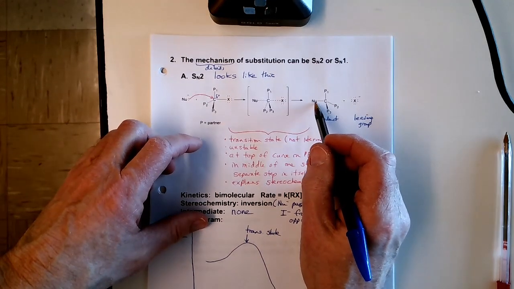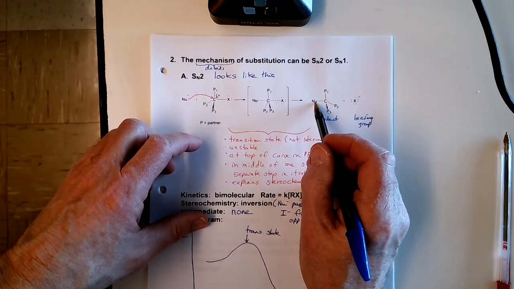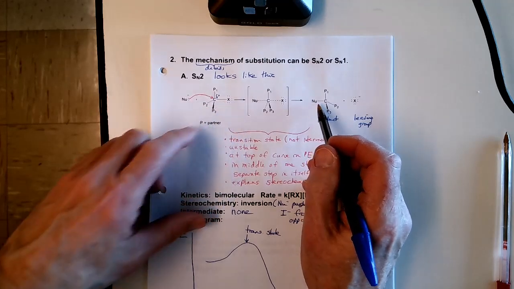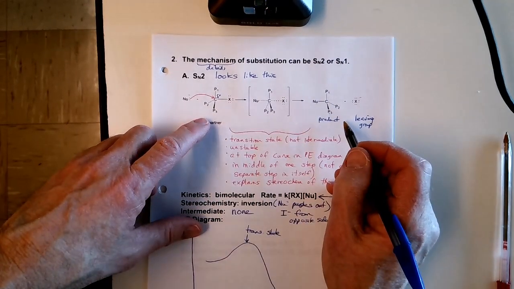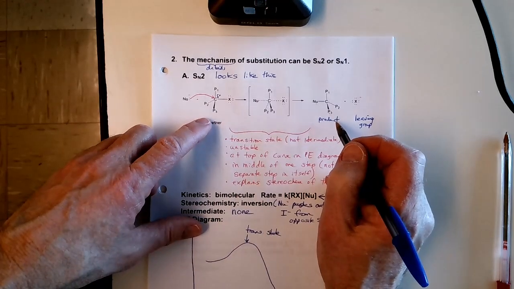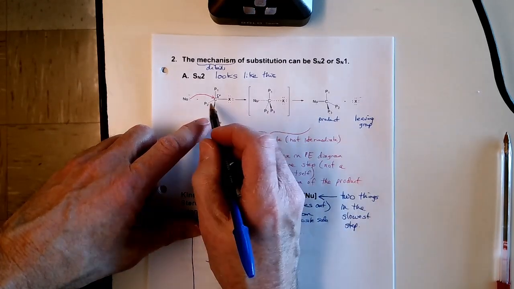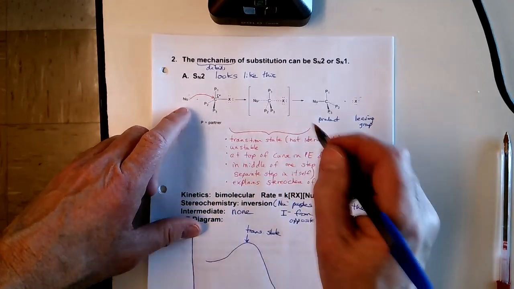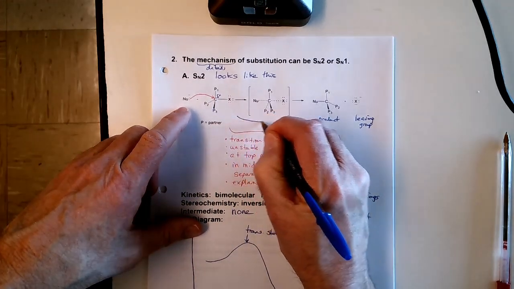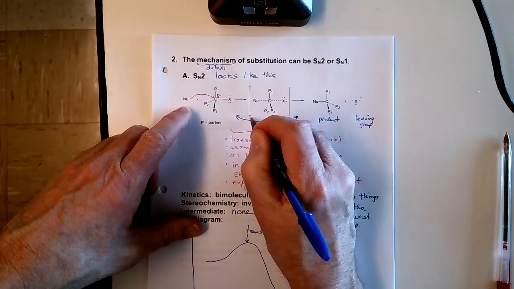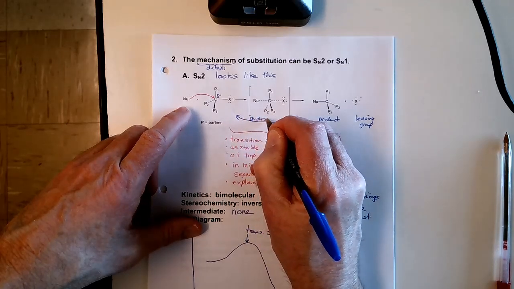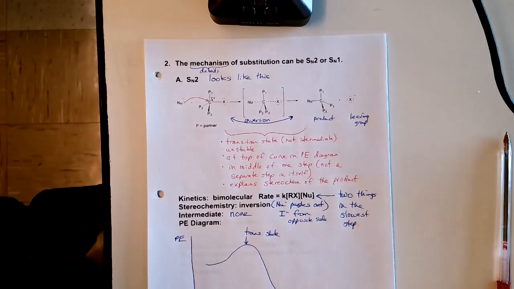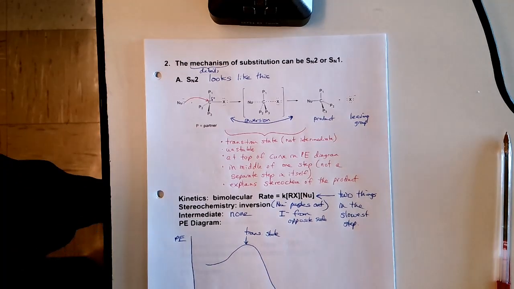Since the newcomer is in the position directly opposite that leaving group, this is like going R to S or S to R. I'm being careful what I say, because if your nucleophile has a different priority, it can mess up that little rule. This is like going from here to here. That's inversion. It's literally like taking an umbrella and blowing it inside out in the wind. That's the stereochemical piece of it.